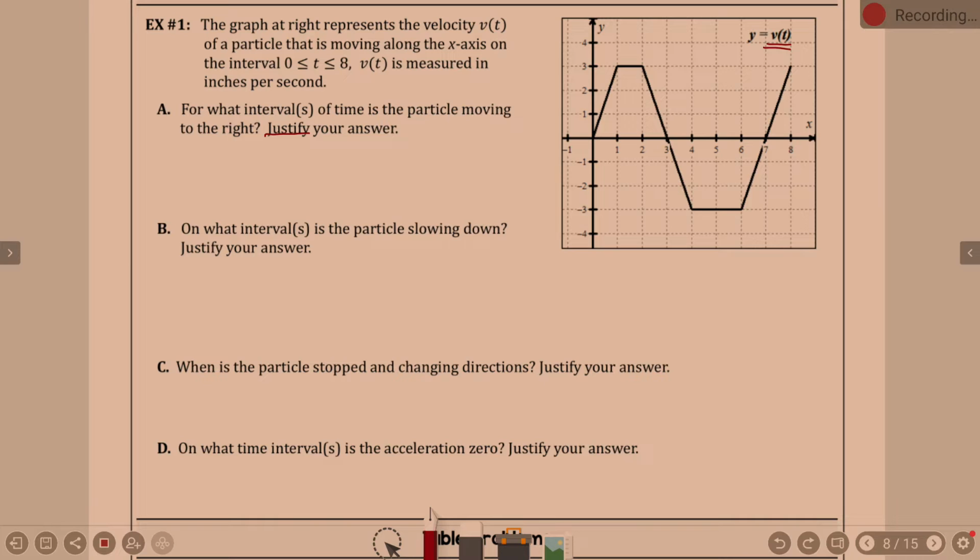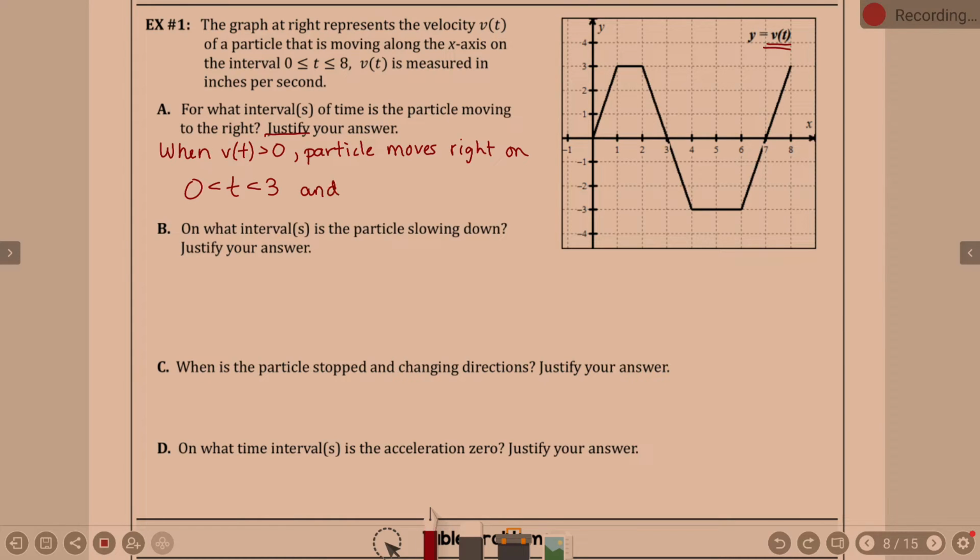Yeah, when velocity is positive, the particle moves to the right, and that happens on 0 to 3 and 7 to 8. How do we say it? You could say just when velocity is positive, but mathematically sound would be to say v of t greater than 0. So when v of t is greater than 0, particle moves right on, I'm going to write it as 0 less than t less than 3.